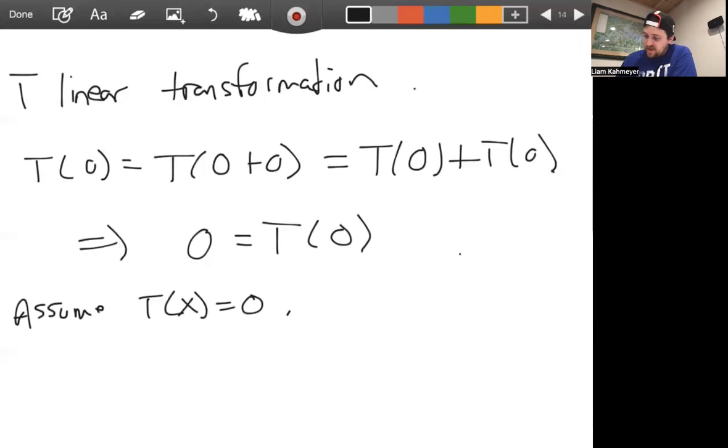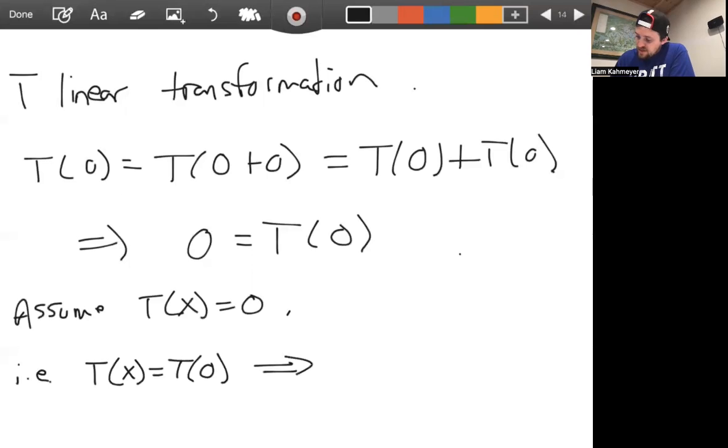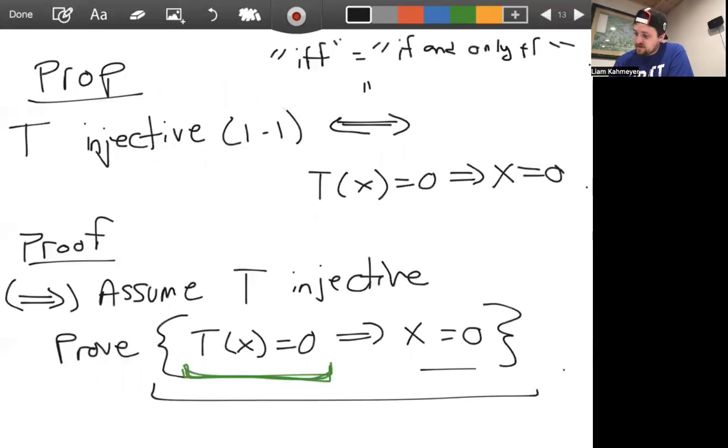We have that T of x equals 0 and T of 0 equals 0, i.e. T of x equals T of 0. But what can we deduce from this? Well, this implies that x equals 0 since T is injective, right? What does the injectivity criteria say?